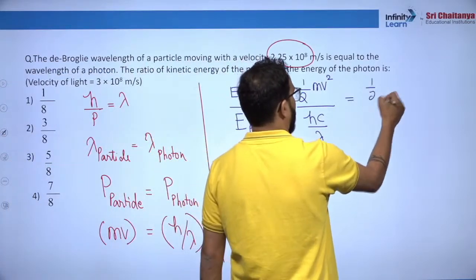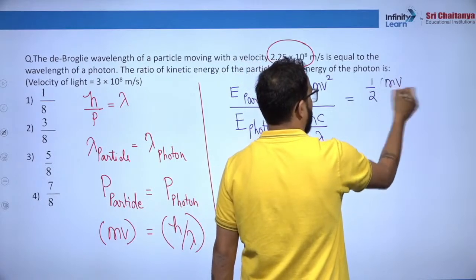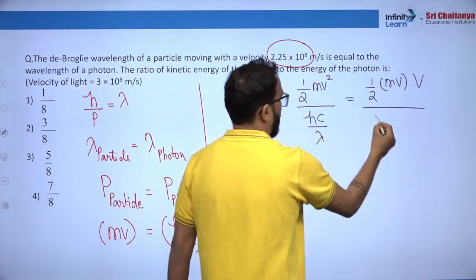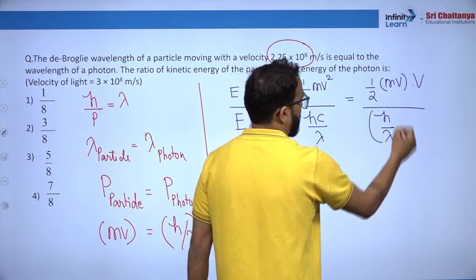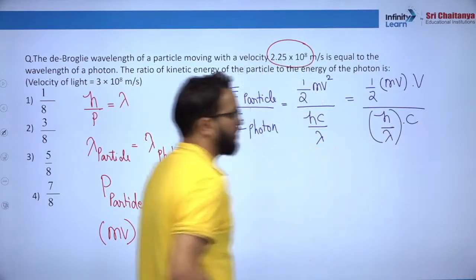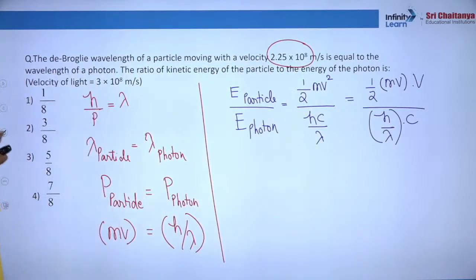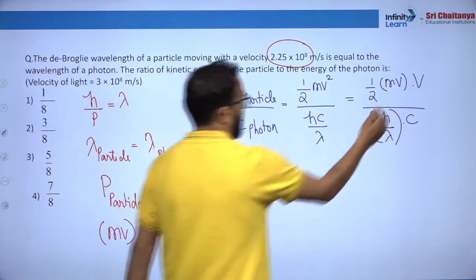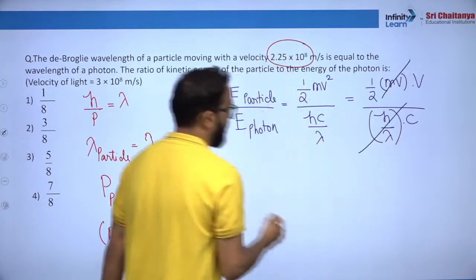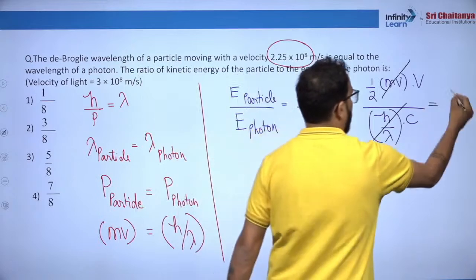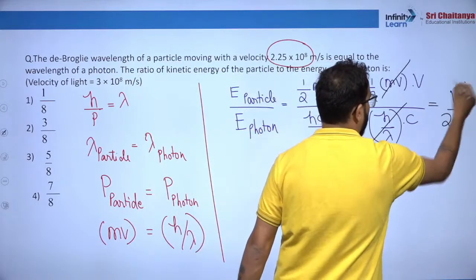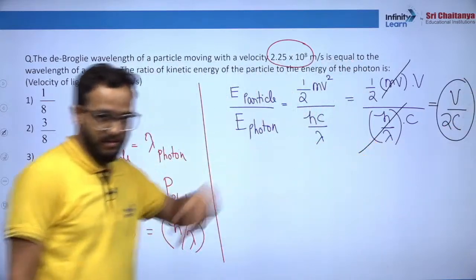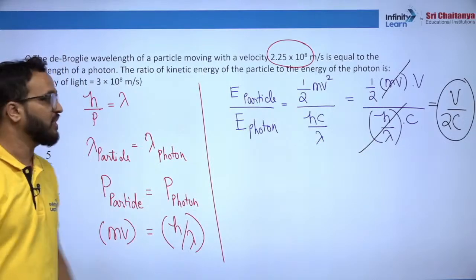It will be half into mv into v upon h by lambda into c. Can you see that? Now mv and h by lambda are same, right? Cancelled. So this answer will be v by 2c. Otherwise you can remember this result. This question came in 2022 June attempt only.